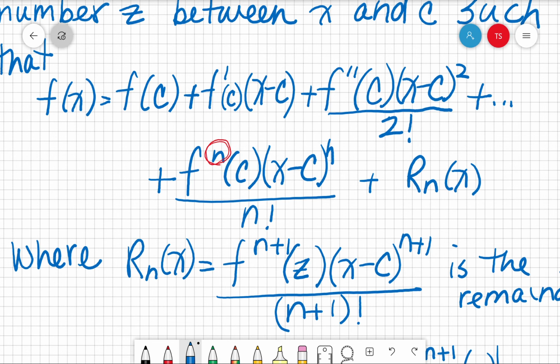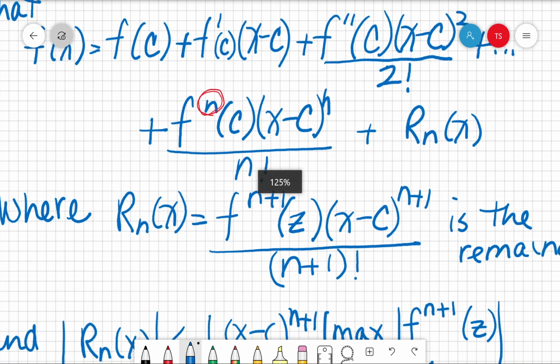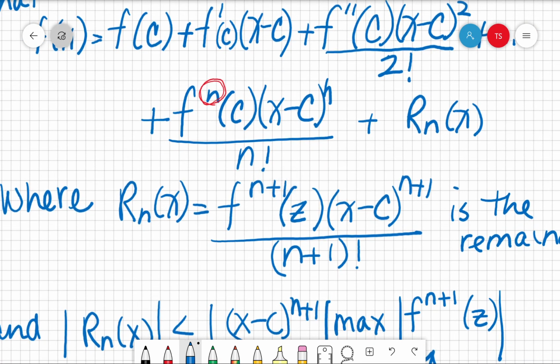And so the value of the function will be all of the terms up to the nth term, plus the remainder, where the remainder is equal to the next term, f to the n plus 1, evaluated at some number z, which is essentially the maximum value that the derivative takes between x and c.